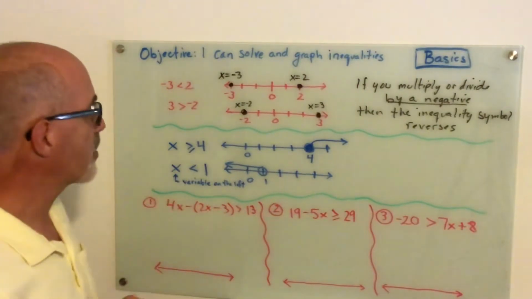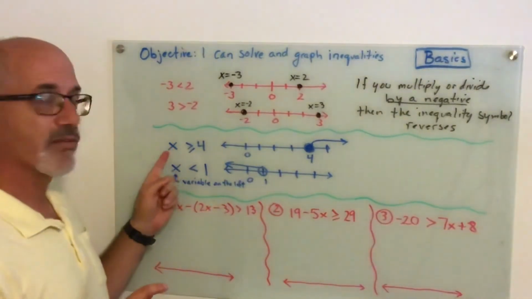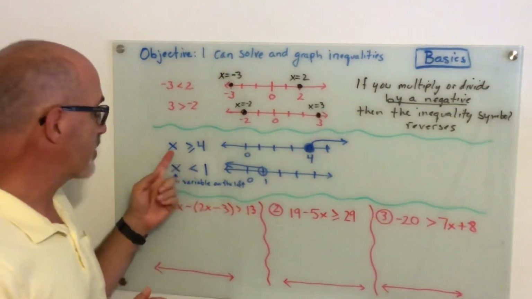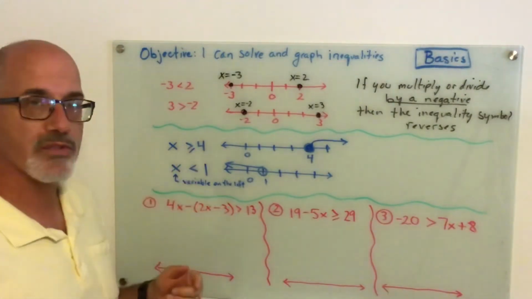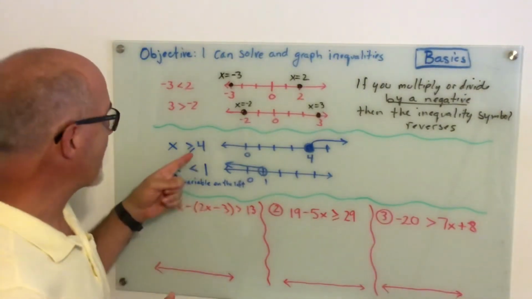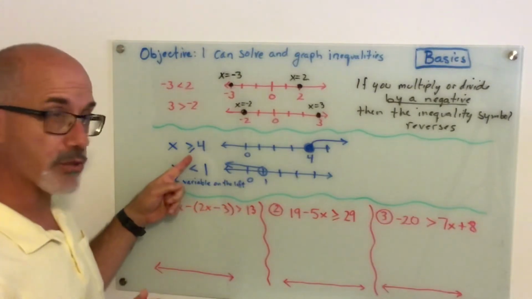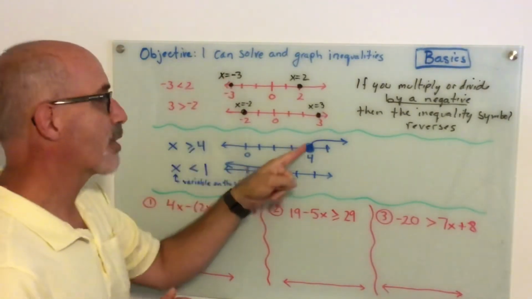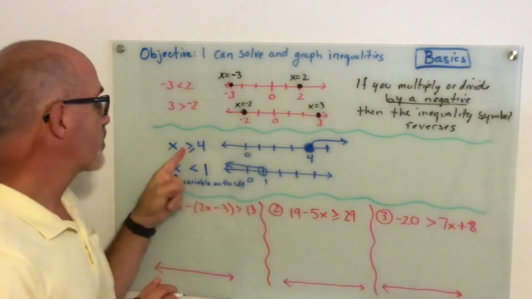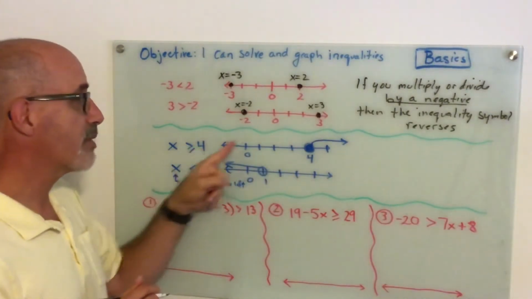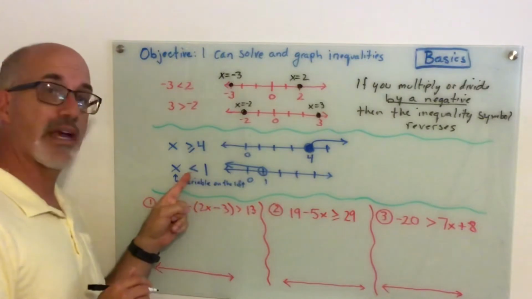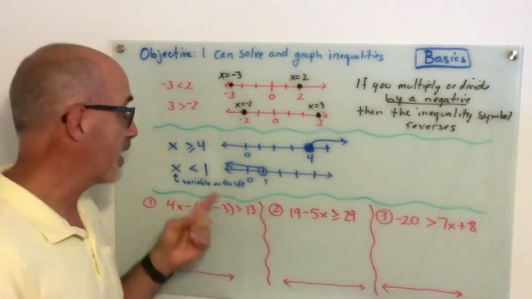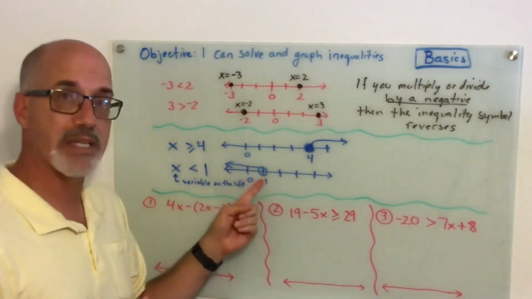So let's look at some inequalities. This is saying if we've got the set of numbers x, so x is our variable, greater than or equal to 4, that makes sense that the or equal to part, since we have x equals, we do a solid dot. So the or equal to gives me a solid dot, whereas if I don't have the or equal to in my inequality, it's going to be an open dot.